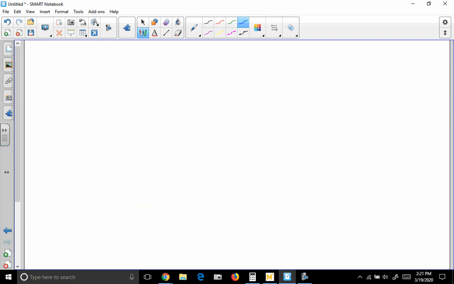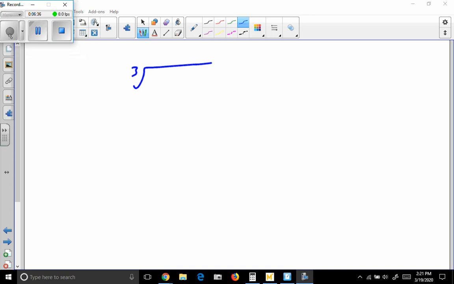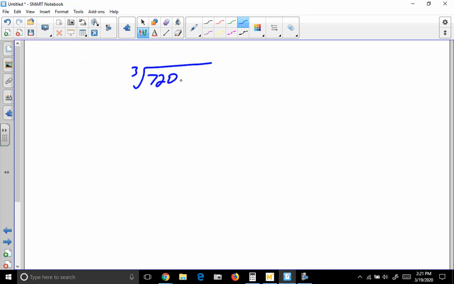So let's do one that's got maybe some larger numbers. Let's try the cube root of 720 x to the 5th, y to the 12th. So 720, that's really big. So let's factor it.